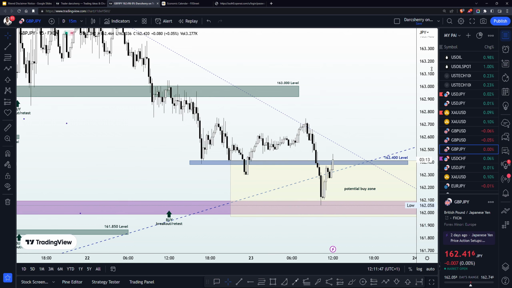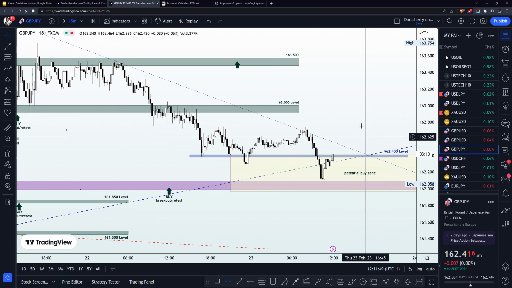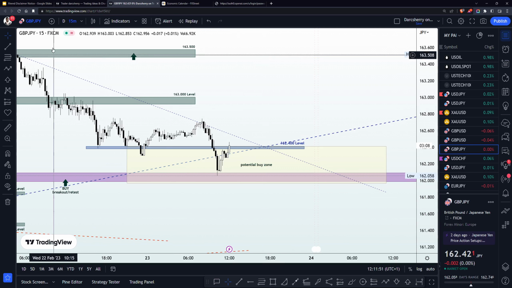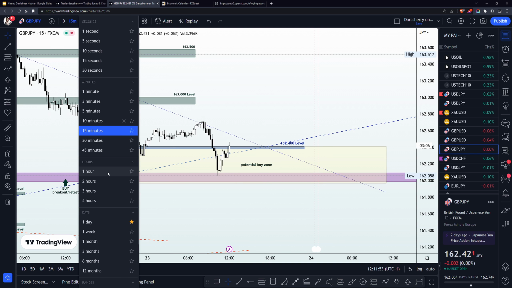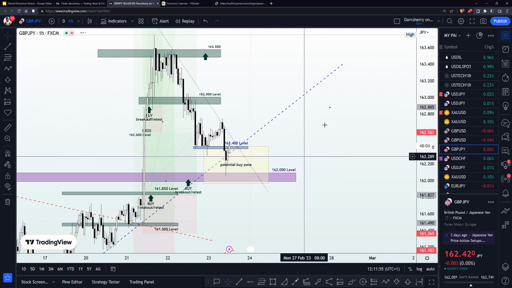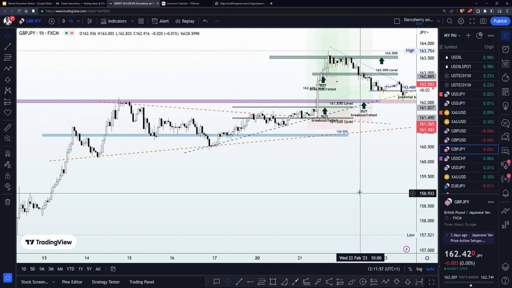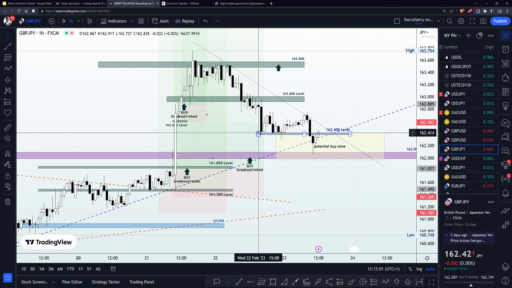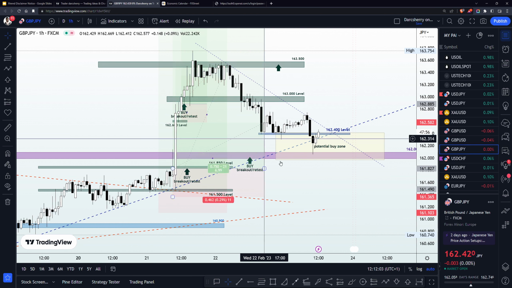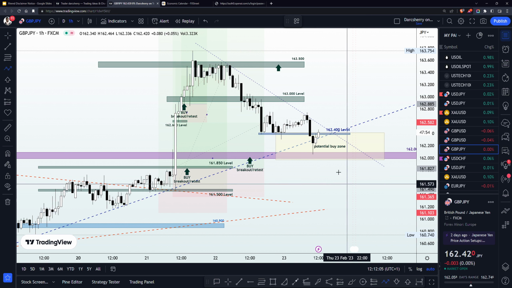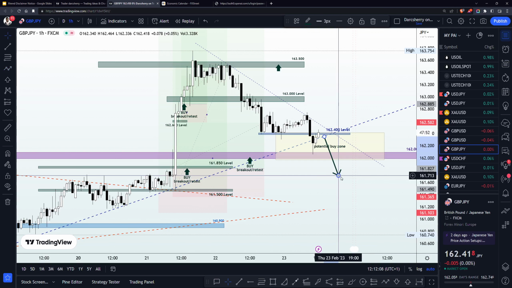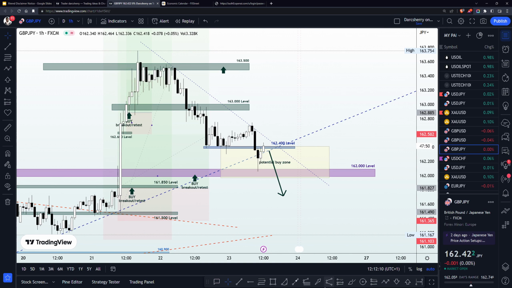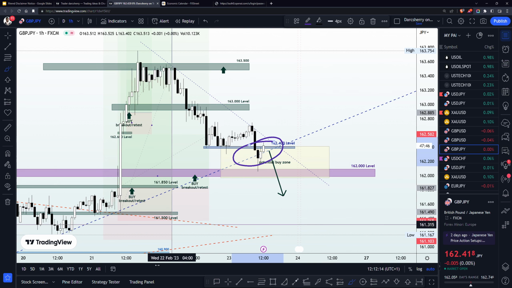So my bias for this one is bullish. However, we should also take into consideration the possibility that sellers might likely come in and take over this market. So despite the fact that we are looking forward to buying opportunities here, which is right above the 162.400 level, if it so happens that price action drops below the 162.00 area, then this will be a beautiful sign that the bullish trend line is no longer strong enough to hold bullish momentum.